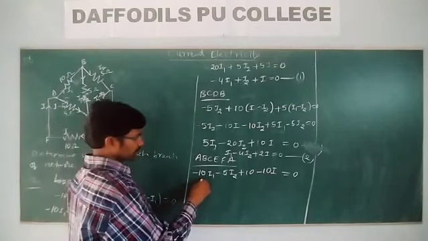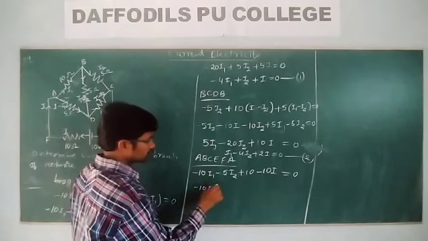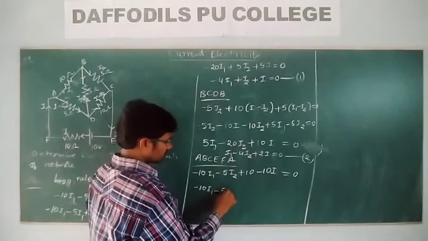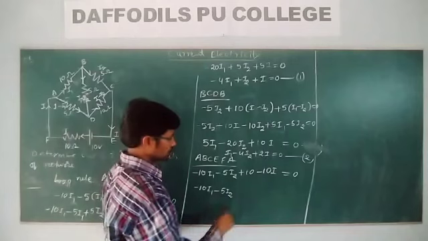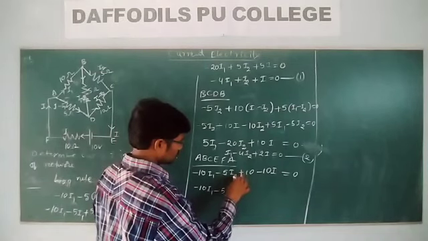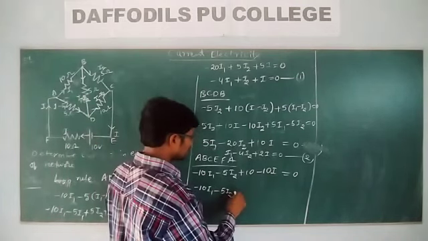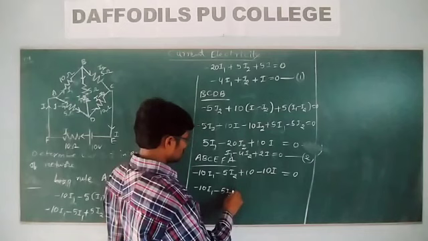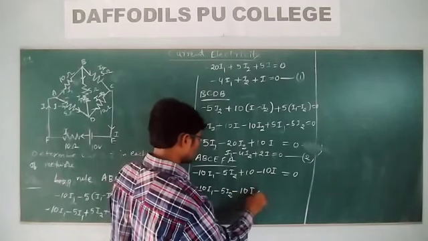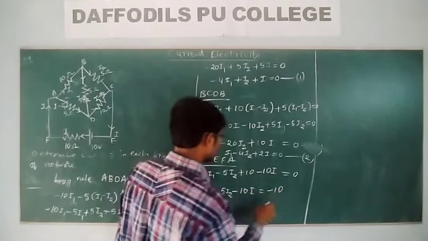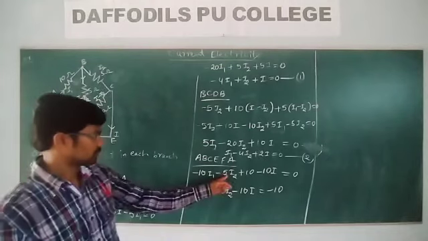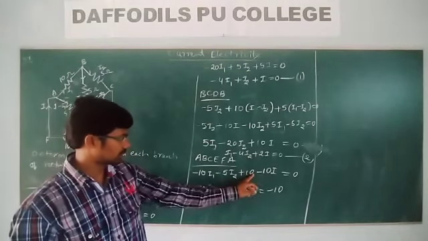Again, you take minus 10I1 minus 5I2, and what do we have remaining? Minus 10I is equal to minus 5 to minus 10.